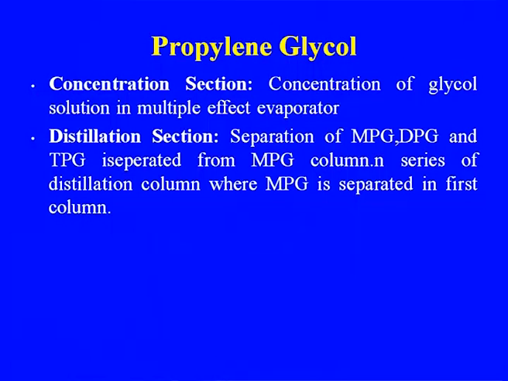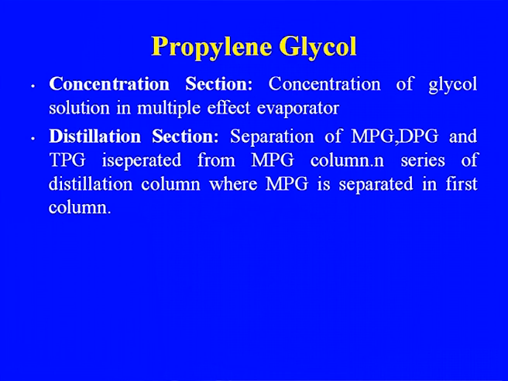So after the reaction, if you remember the flow diagram of the MEG, it is the same: the concentration section, concentration of the glycol solution in a multiple effect evaporator, and after this it goes to the separation distillation section, where MPG, DPG and TPG are separated because of the difference in boiling point.